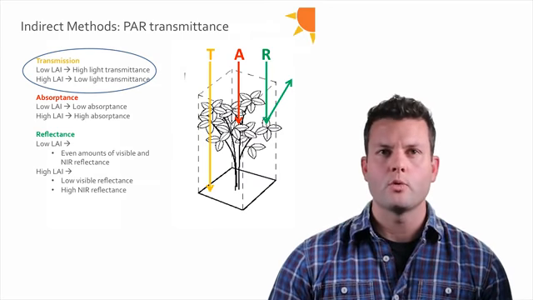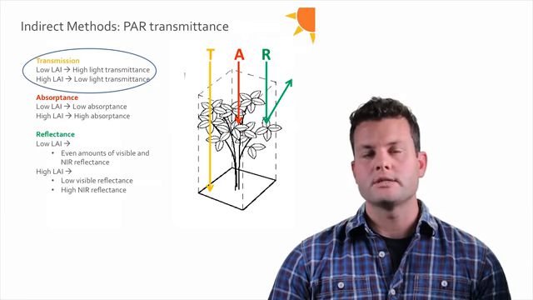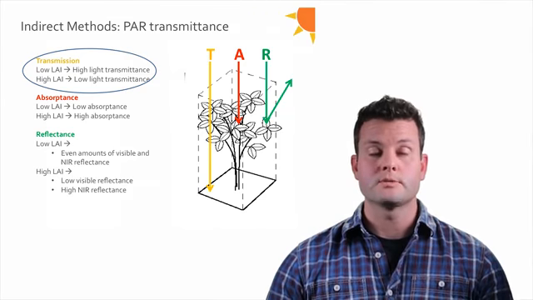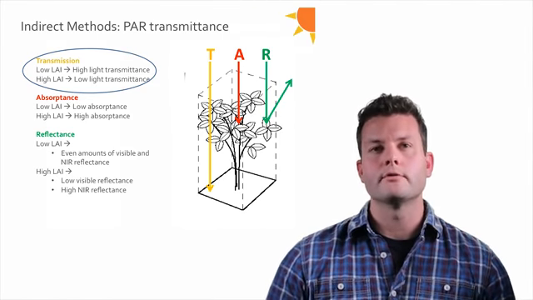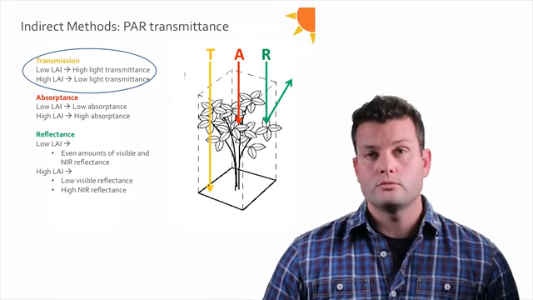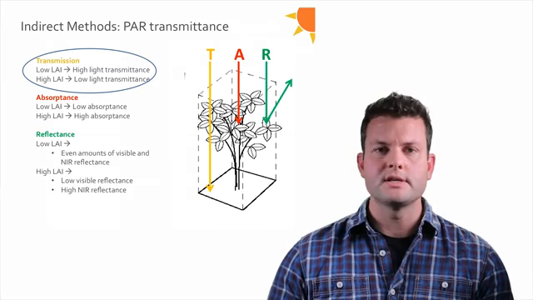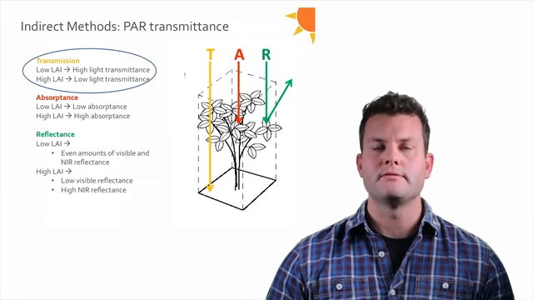Whereas if it was a very dense canopy, we'd expect a lot of the light to be absorbed or reflected, so there's not a lot of transmitted light left over. Using these very basic observations, we can see that there must be some relationship between light transmission and leaf area.